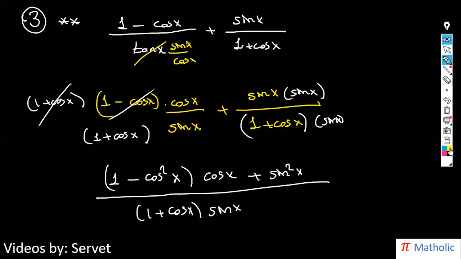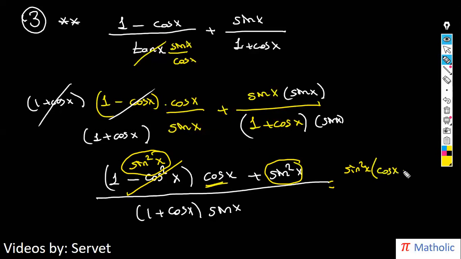Let's remember, 1 minus cosine squared is sine squared x. As you can see, sine squared is common. Let's take it out of the bracket. What is left here is cosine x plus 1 over 1 plus cosine x sine x.